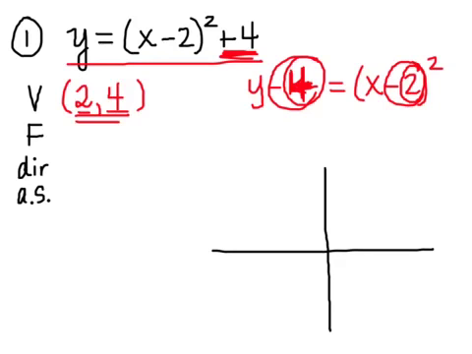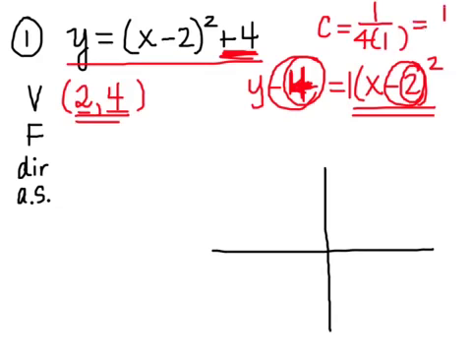And so after that, then we can figure out what the focus is. The focus has the letter C in the word focus. And so I remember that focus goes with C, and C always is the formula 1 over 4A. And so I am going to put in the A, and A is whatever is in front of the squared term, so in front of the x minus 2 squared, and that is an understood 1 because there's nothing written there, so we're going to say that A is 1.